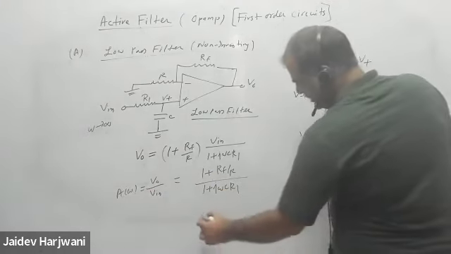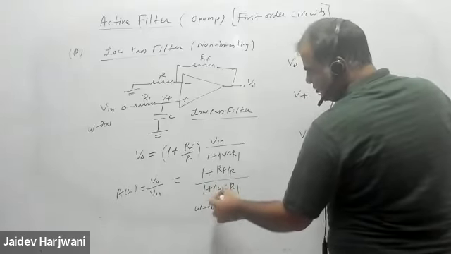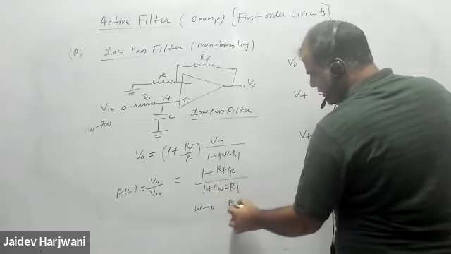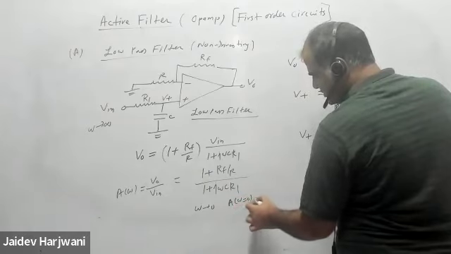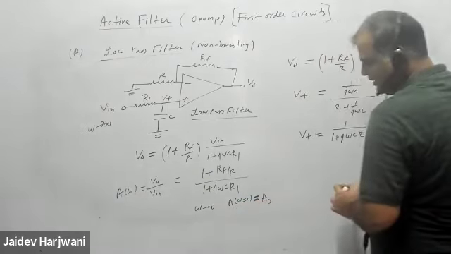Now, if omega tends to 0, your gain at omega 0 frequency, I write as the DC gain, or A0 or ADC.